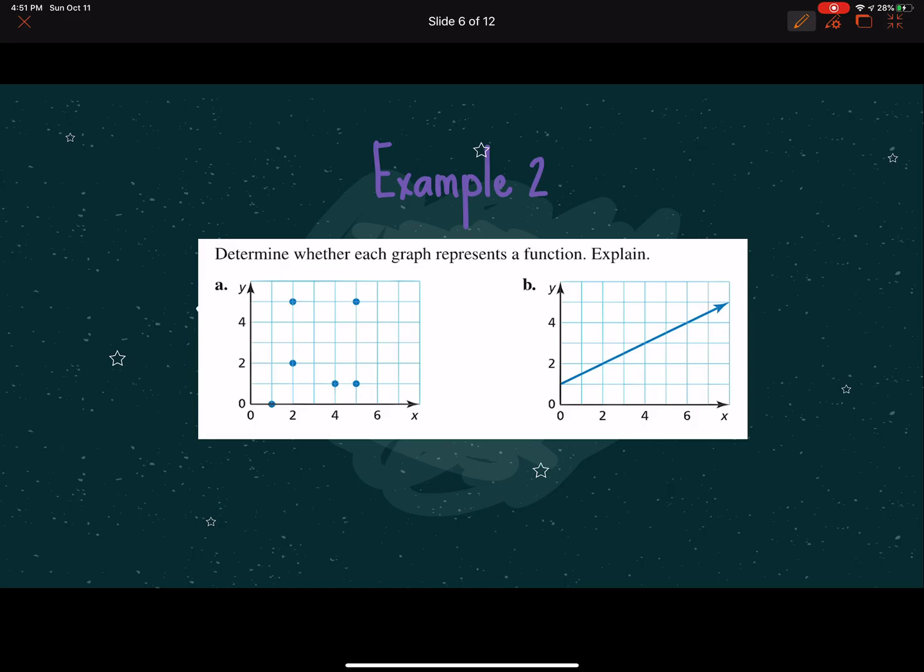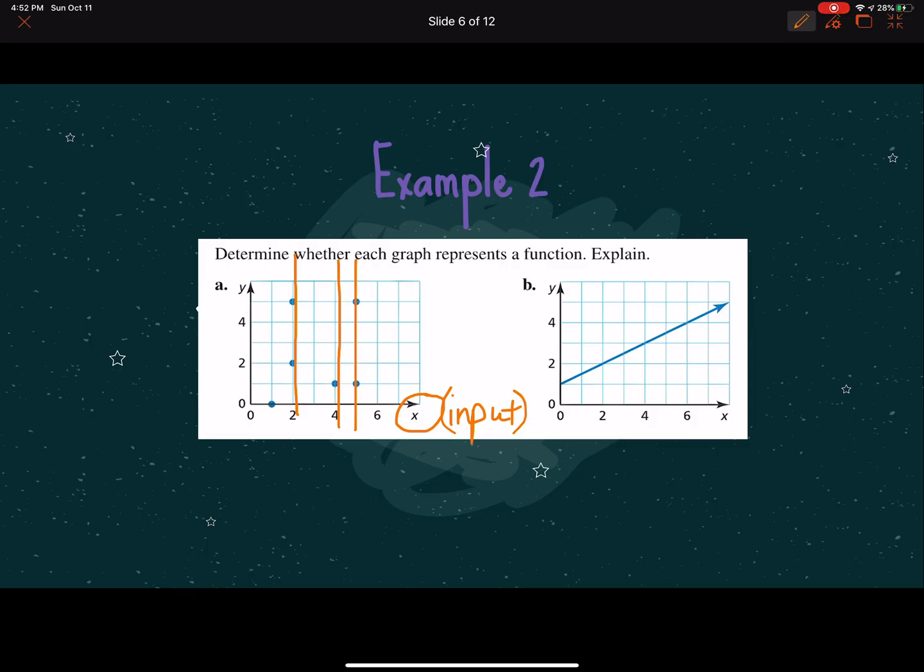Now, you don't necessarily have to use your pen or pencil to do this. You can also visually look at the graph and determine if I connected any of these with a vertical line, would I have more than one point? Because remember, our vertical line is going to pass through the x-axis, which is our input.